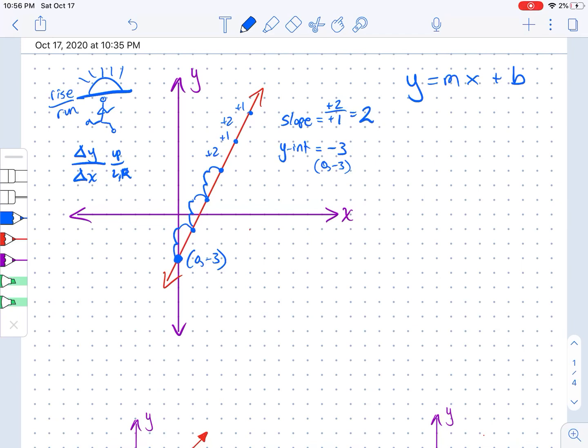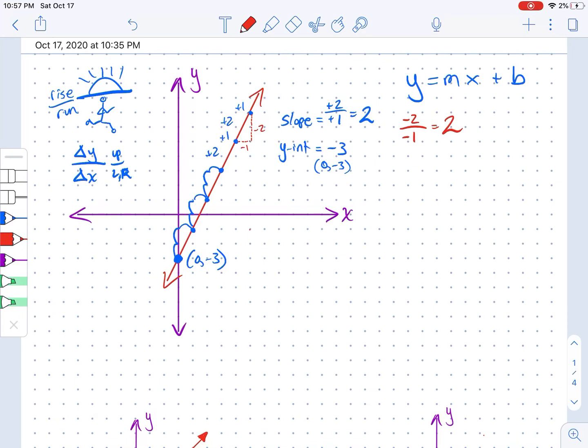Notice my slope is constant along this line, and that is why this is a linear equation. It's also possible that I could have gone down 2 and left 1. That's totally fine because going down 2 and left 1 is the same thing as 2. It's still the same slope.